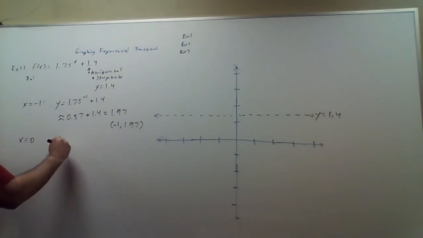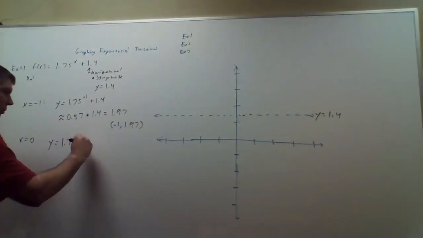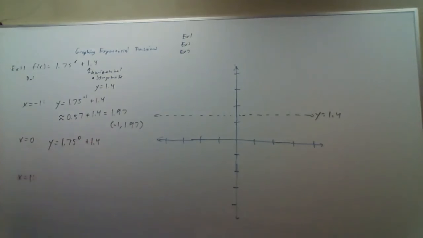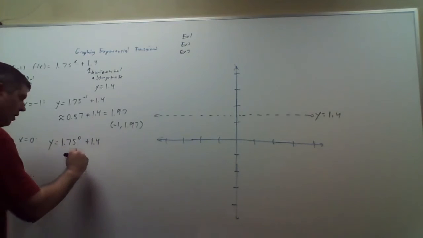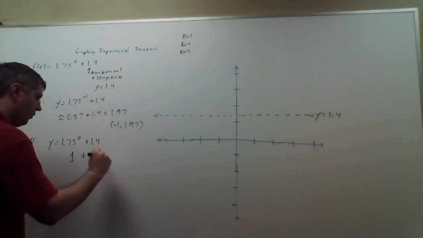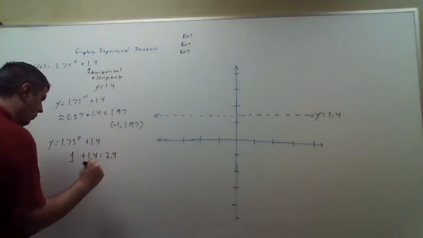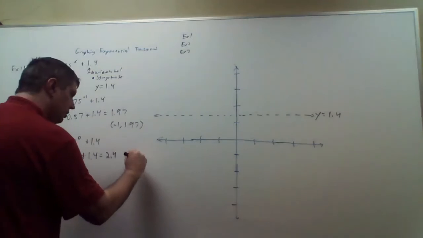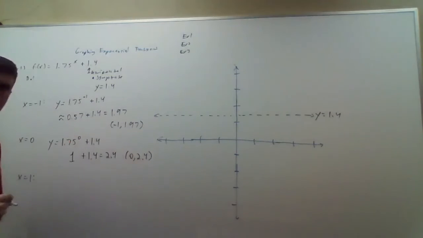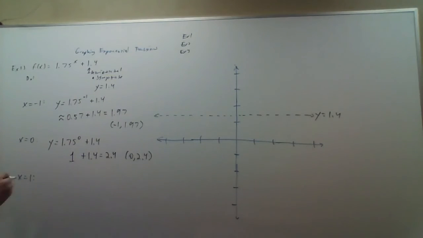All right, next step. Y equals 1.75 to the 0 plus 1.4. Well, anything to the 0 power is 1. So 1 plus 1.4 is 2.4. So 0, comma 2.4. All right, the third one.